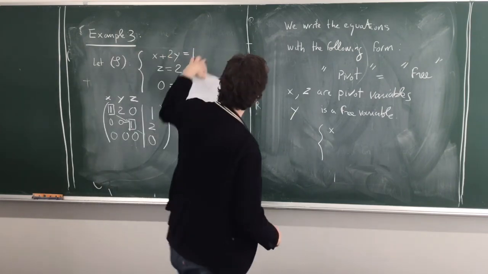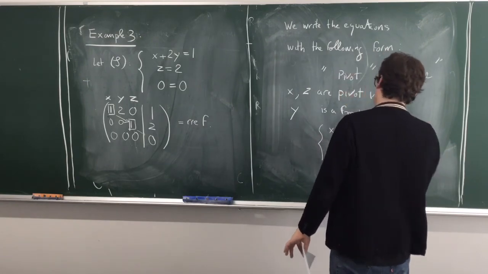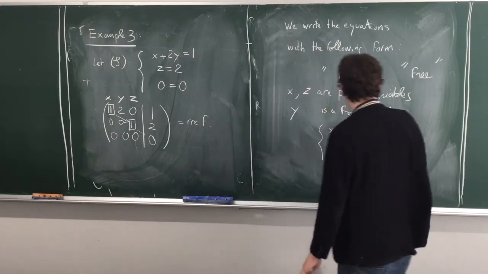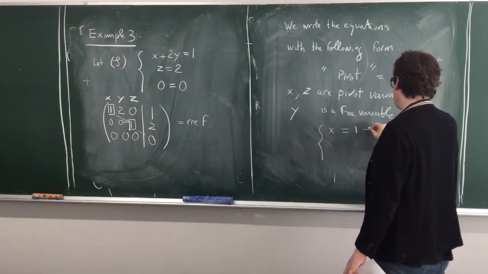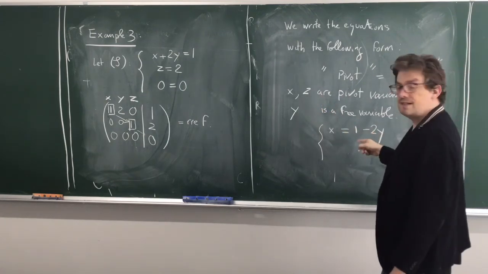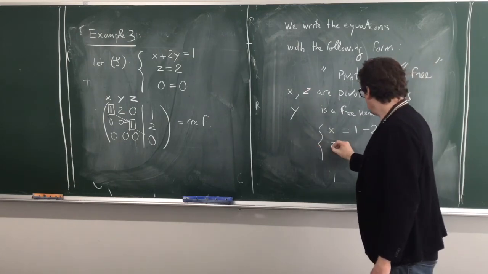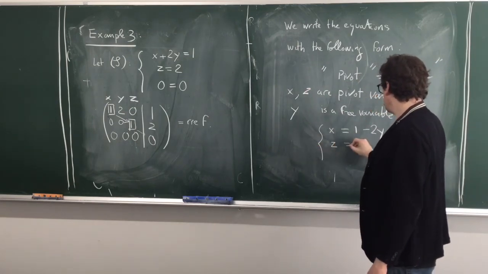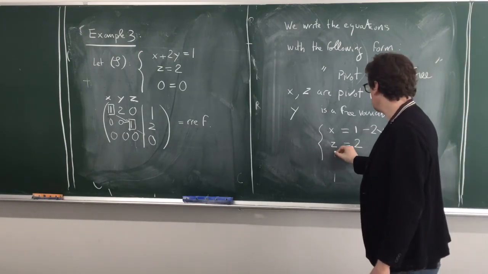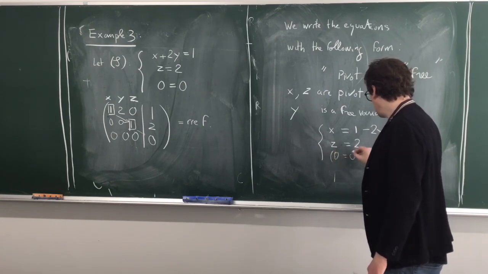So I'm going to move the free variable to the right. Instead of writing x plus 2y equals 1, I'm going to write x equals 1 minus 2y. That's the same equation, but it will be easier to read the solution at the end. Here, I cannot do anything else. It will be z equals 2, isn't it? And here, 0 equals 0, which is true, and I can forget about it.